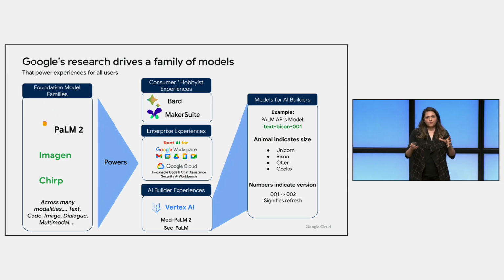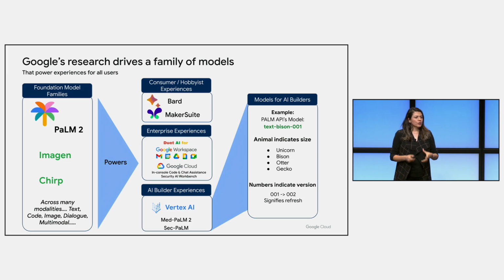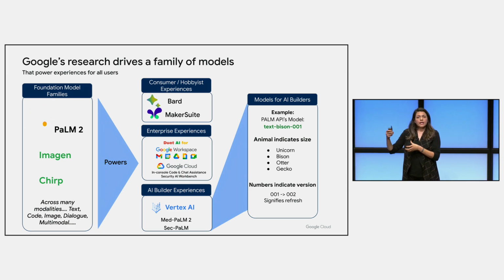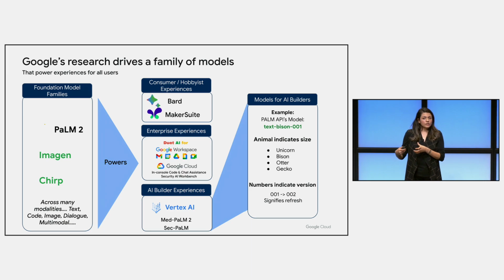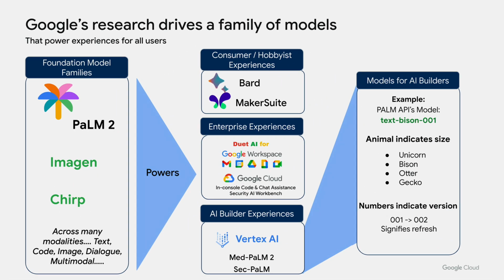Again, I'm not going to get into details here, but just to call out, all of these models are coming from Google research. PaLM 2, which is the state of the art, Imagen, Chirp, which are different foundation models. We make this available in two different ways. Bard is one of them. Then there is also for users to access GenAI through our products and our solutions.